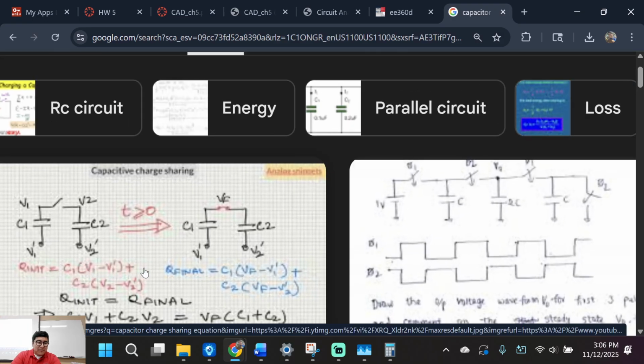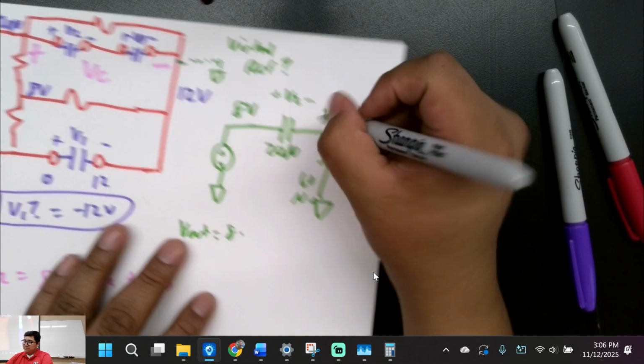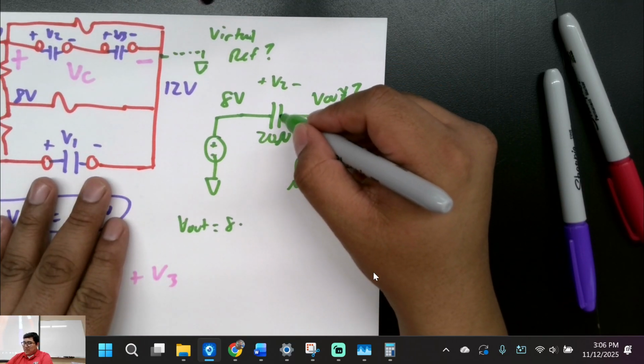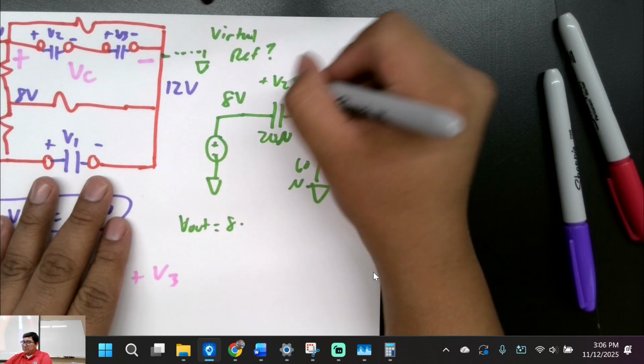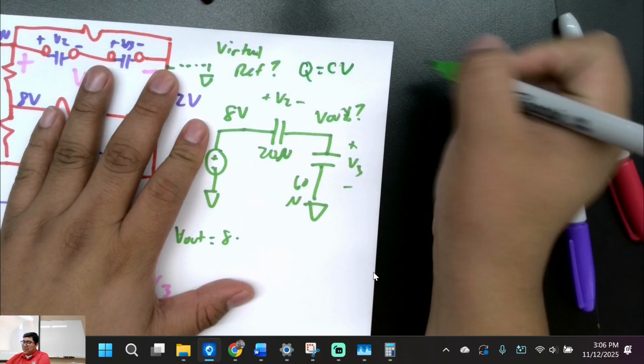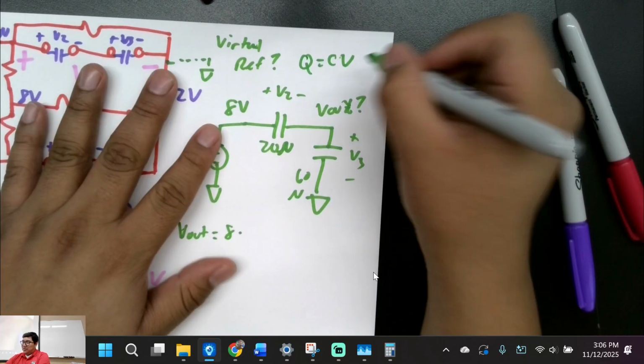Q is equal to CV. Let's see what I can do. Well, you have a voltage here. Let's recall Q is equal to CV, where we know we have some capacitor, some voltage, and some charge.